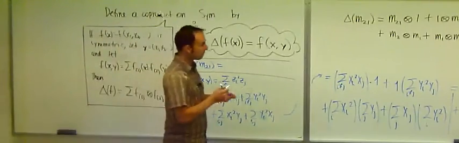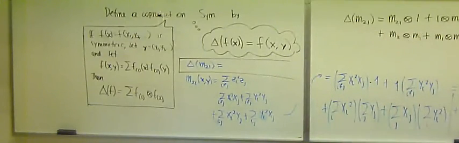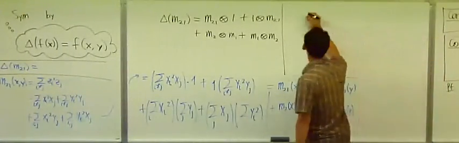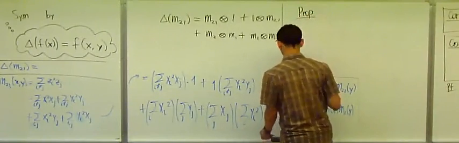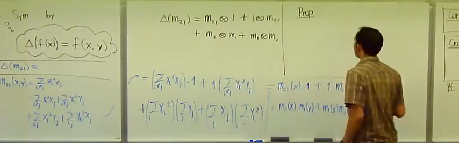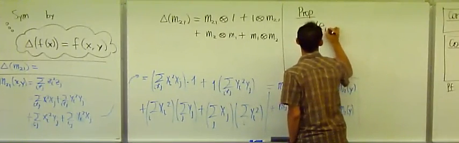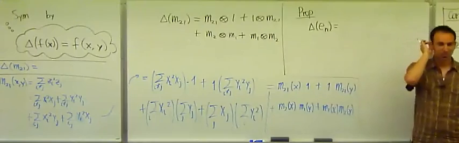Okay? Let me, okay, so I define a coproduct, and then let me make a proposition. Which is that delta of En is what?